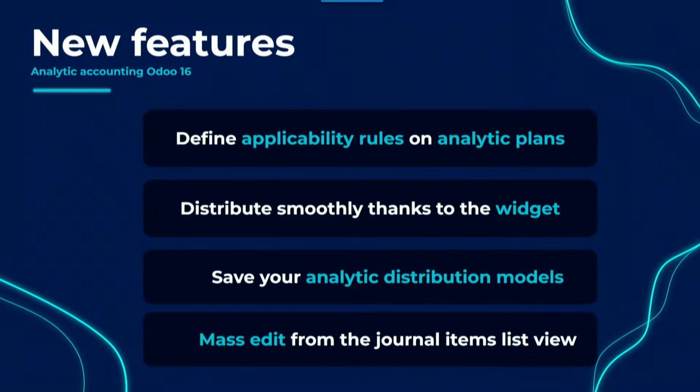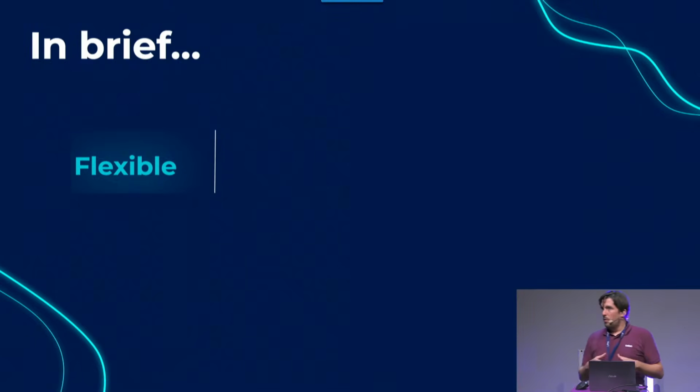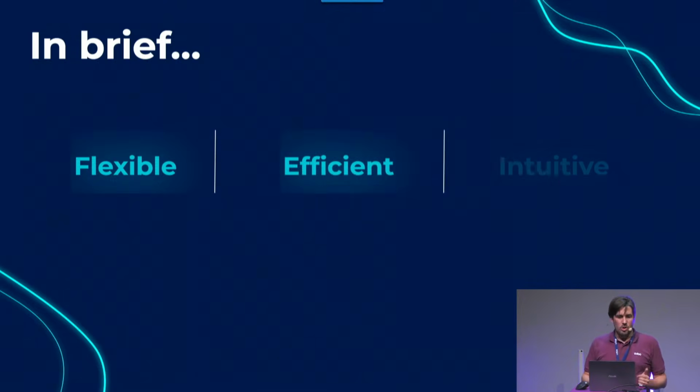And first cherry on the cake, you can mass edit the analytic information in the list view of journal items. In brief, we made these developments in V16 to make analytic accounting more flexible, efficient, and intuitive.